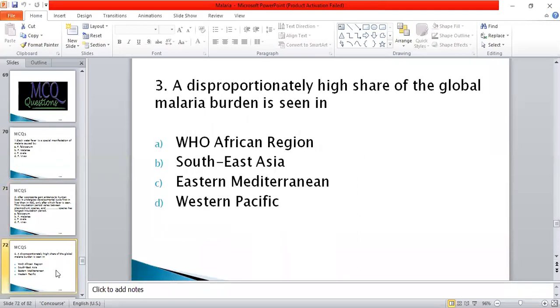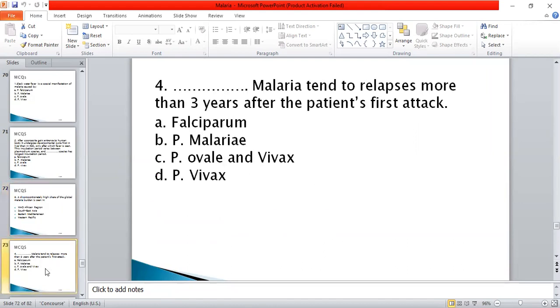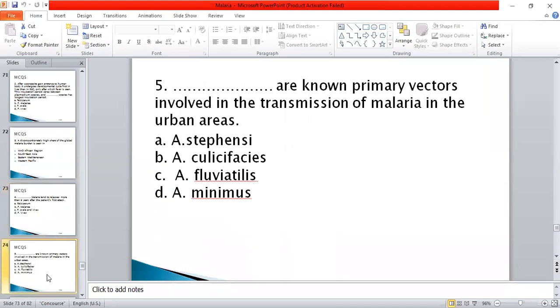A disproportionately high share of global malaria burden is seen in the African region. Malaria tends to relapse more than 3 years after infection. Which are known as primary factors involved in transmission of malaria?